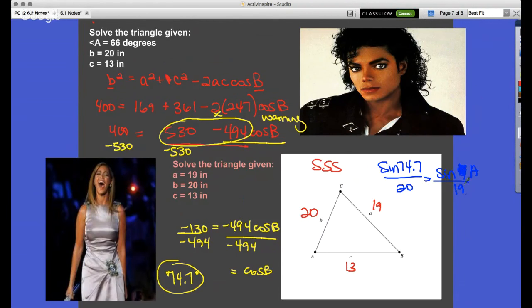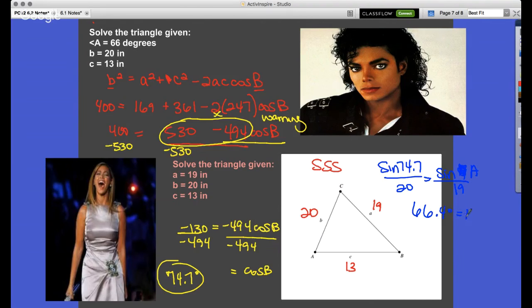Remember, the side length is the one without the sine. As long as it's consistent, that's all we care about. So we cross multiply: 19 sine of 74.7, divided by 20. We take the sine inverse of both sides to get 66.4 as our next angle.